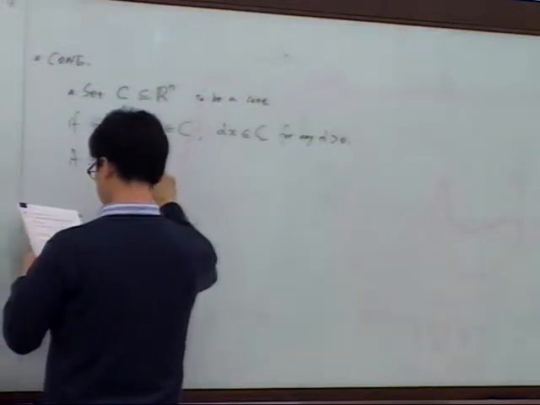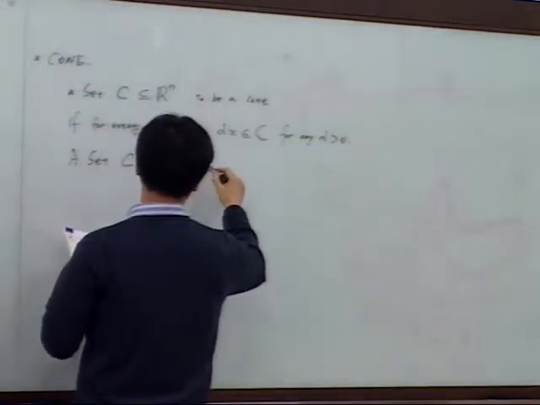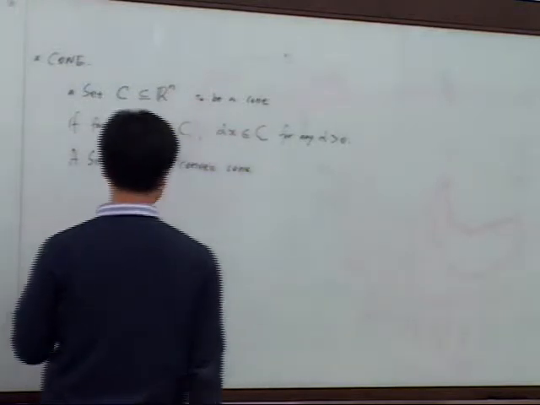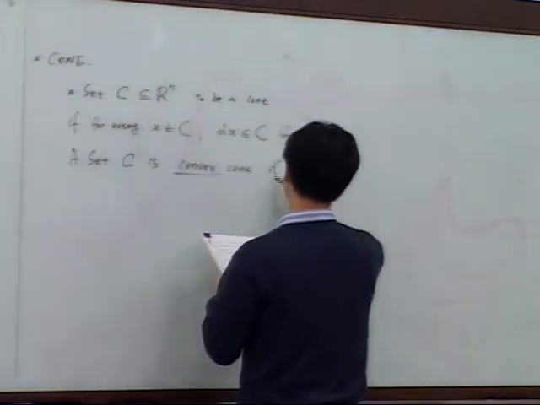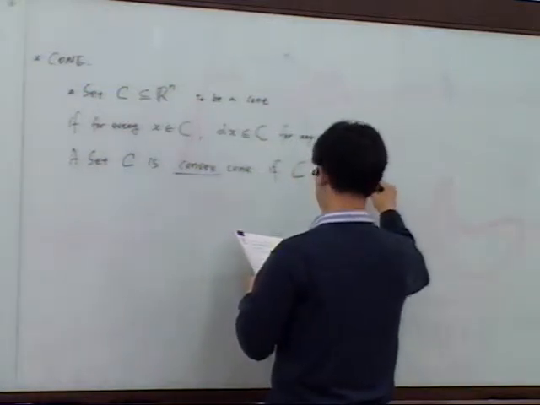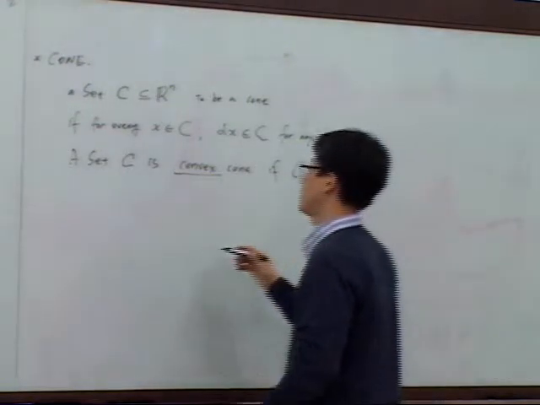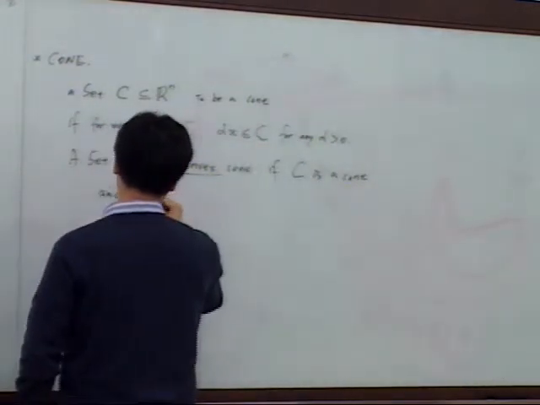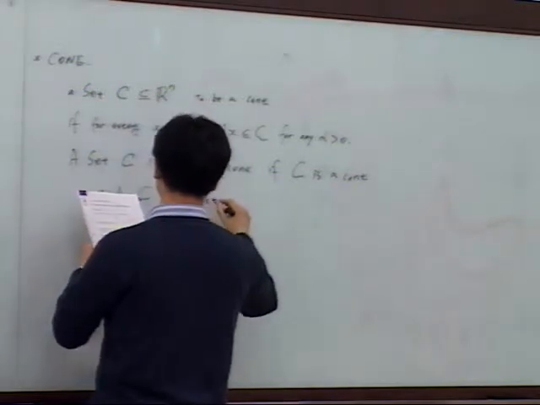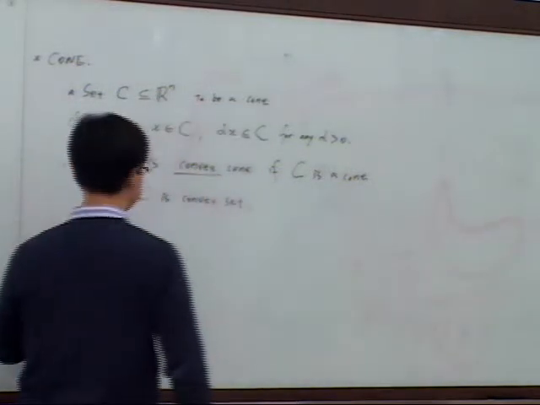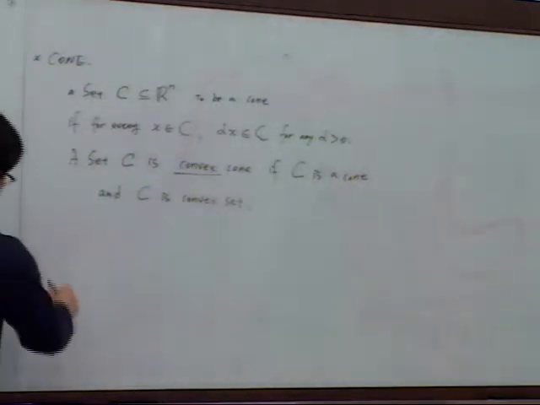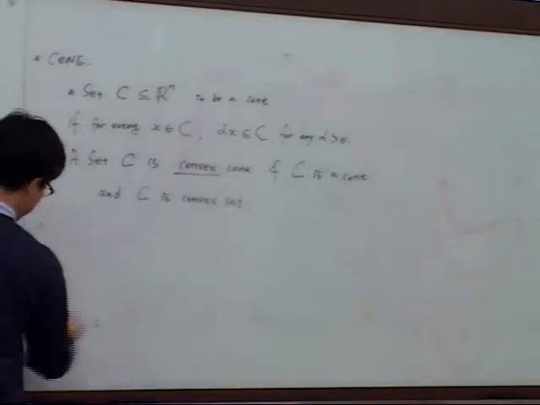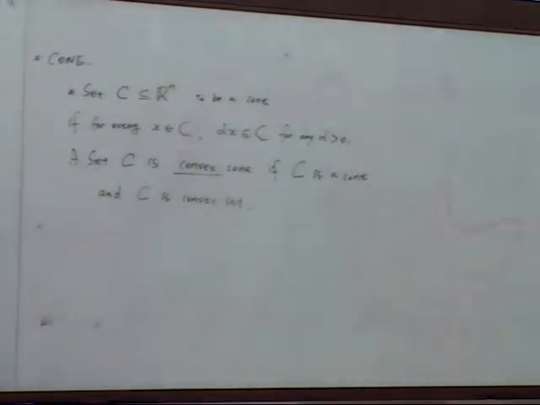Set C is a convex cone if C is a cone and C is a convex set. Simple. The example I showed before, is this just a cone or a convex cone?